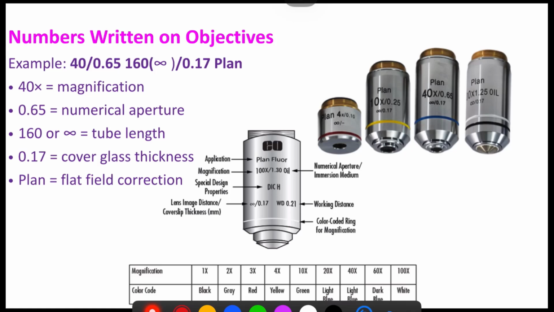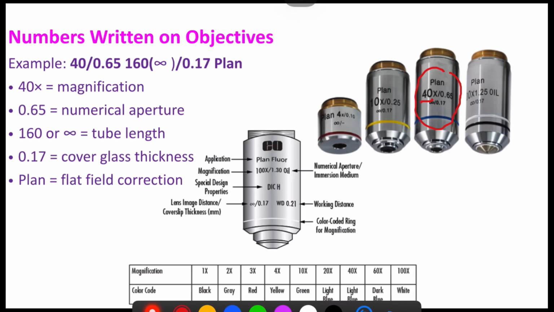Now when you see objectives, there are some numbers written on them. So here you can see in this 40x, first of all you can see written plan, meaning plan achromatic lens. 40 suggests the magnification number, 0.65 is the numerical aperture.